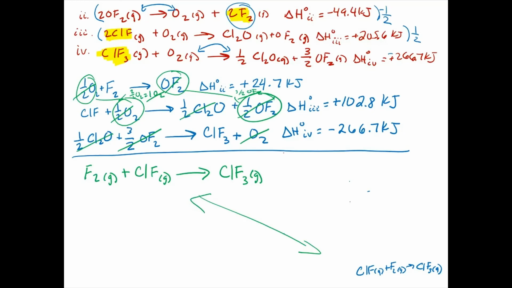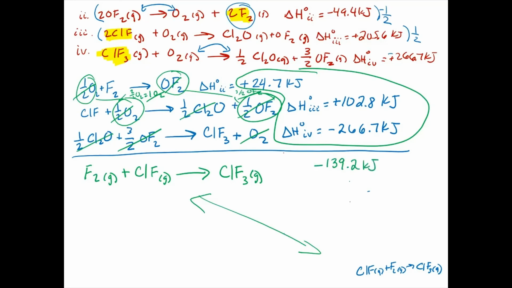And our delta H, we're going to add these three values up and get a total of negative 139.2 kilojoules. So that is another way you can use Hess's law. You use the little, like I call them baby reactions, to get your overall delta H. And then the example we did before this uses appendix G to get values of delta H that are for just each individual compound.